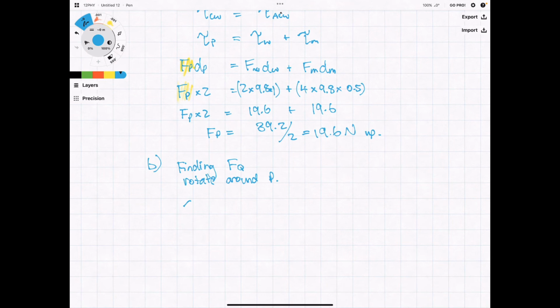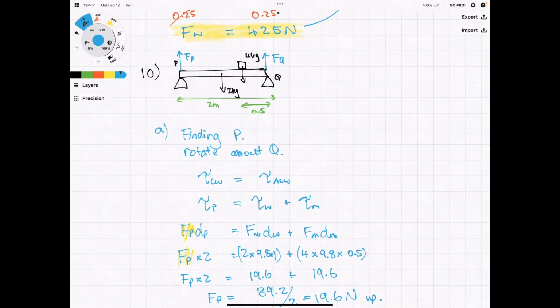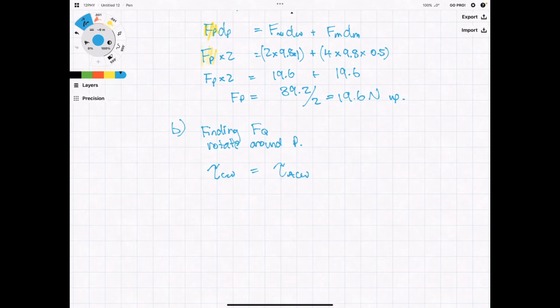Okay, torque clockwise equals torque anti-clockwise. And if we're rotating around P, the things that go clockwise are the weight force, our 2 kg weight mass, and our 4 kg mass, and the thing that goes anti-clockwise is FQ. Okay, so clockwise is torque due to the weight plus torque due to the mass, and the only anti-clockwise one is torque of Q.